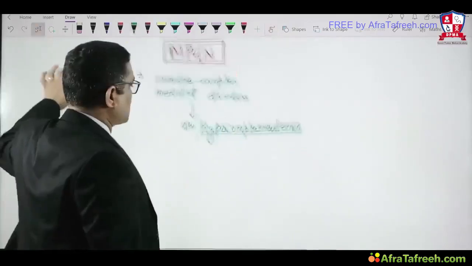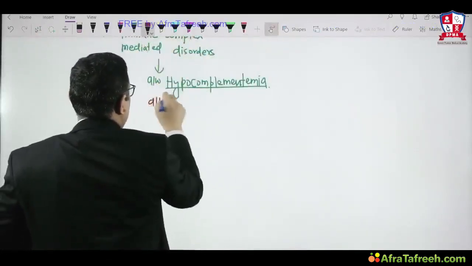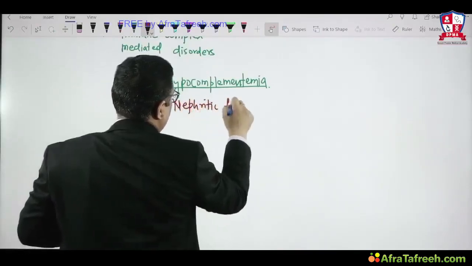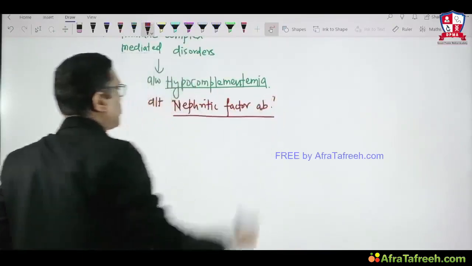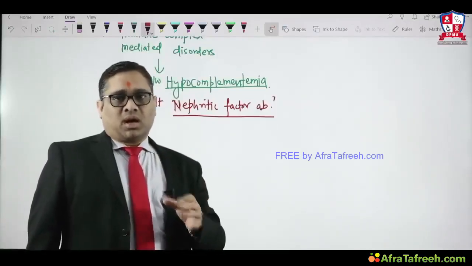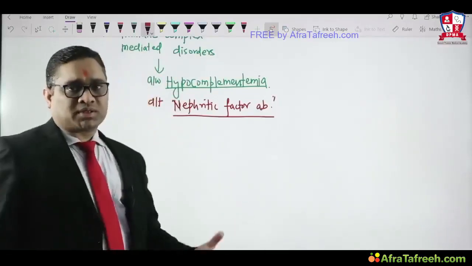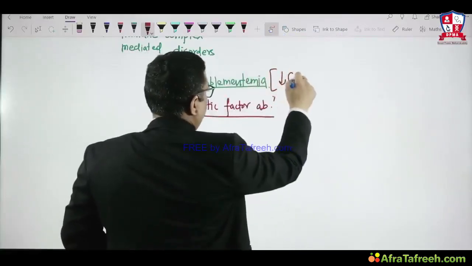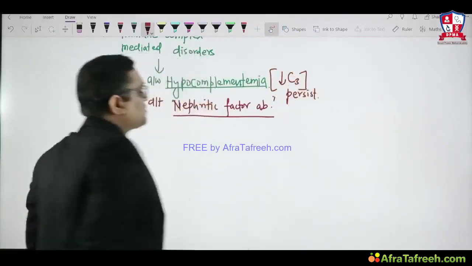These nephritic factor antibodies usually function to stabilize C3 convertase and to activate the complement pathway. So when this complement pathway is persistently activated, they will have persistent hypocomplementemia. That is the important thing which I wanted to tell you.